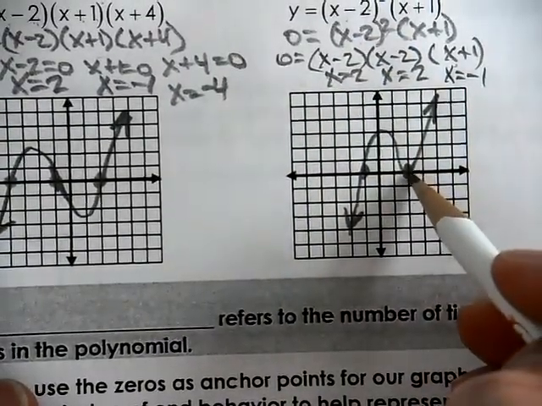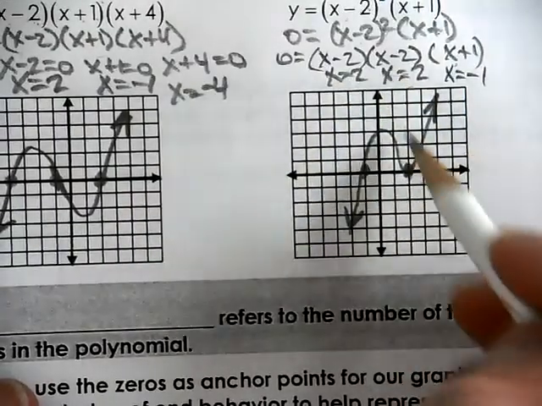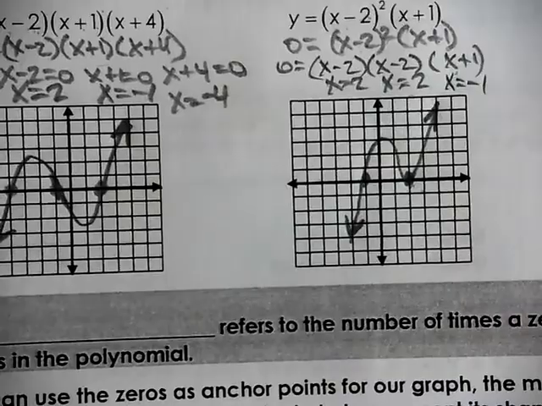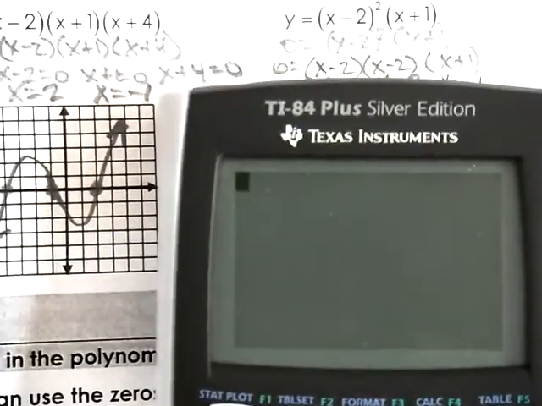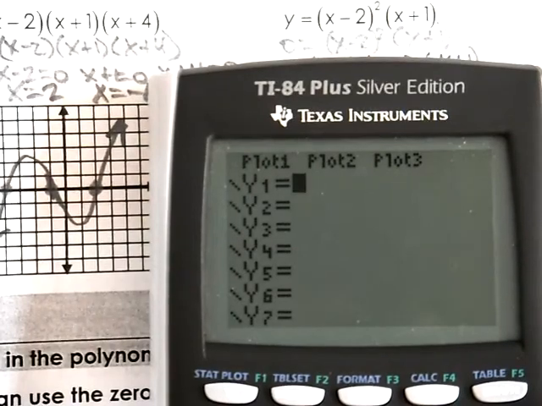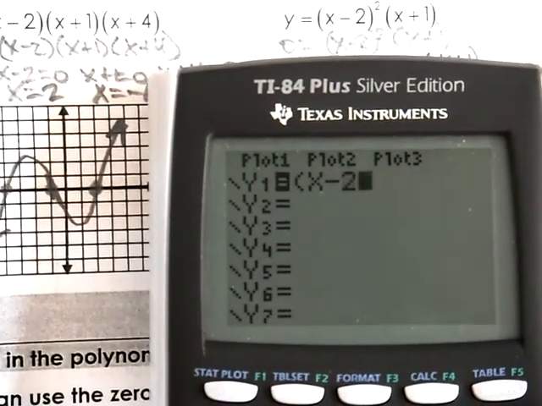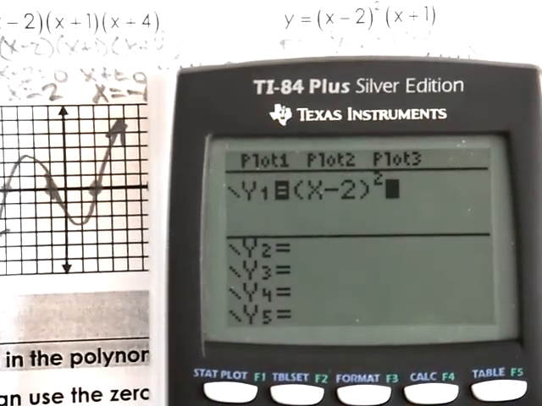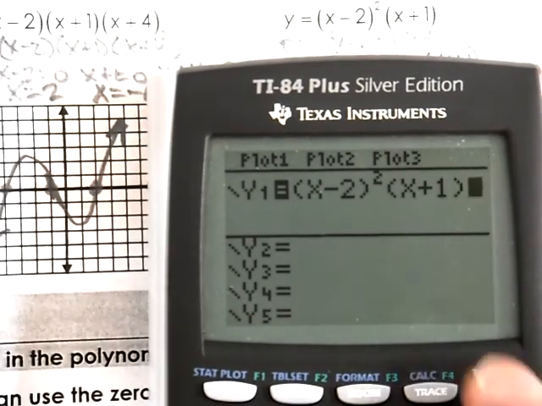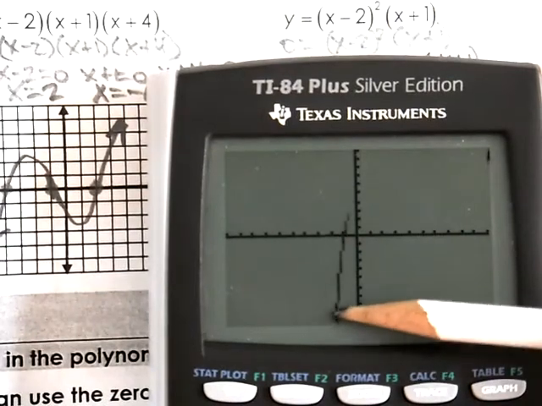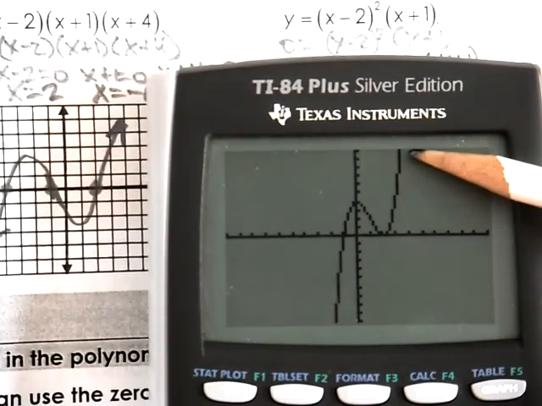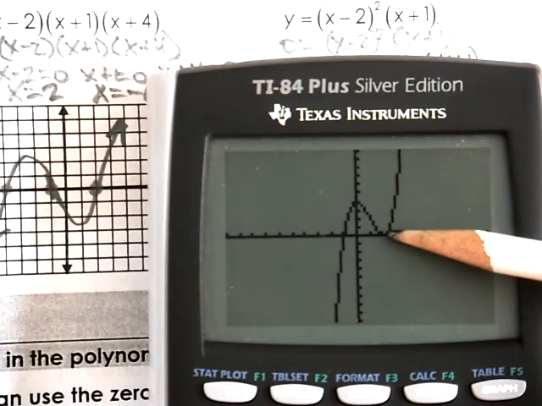It's going to bounce on the x-axis at the location that that factor is squared. We can check to see what that looks like. X minus 2 squared and x plus 1. It's going to go up, bounce right on it, and then go back up. It's bouncing right at 2.